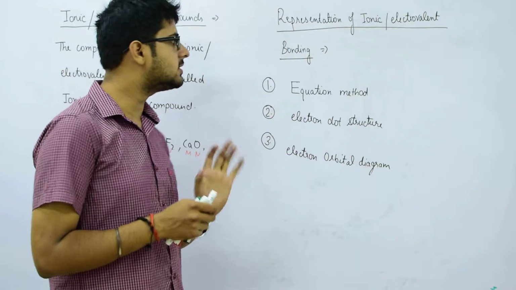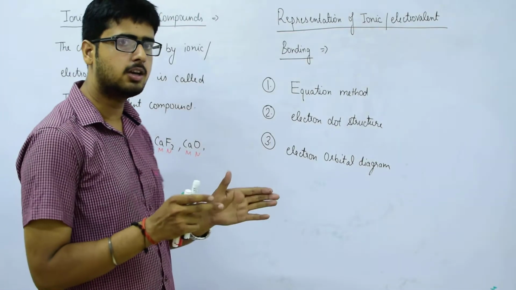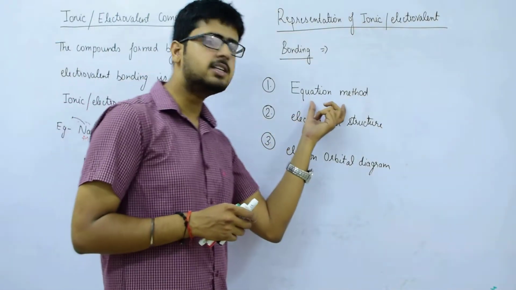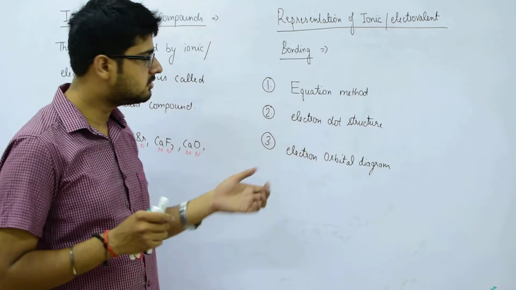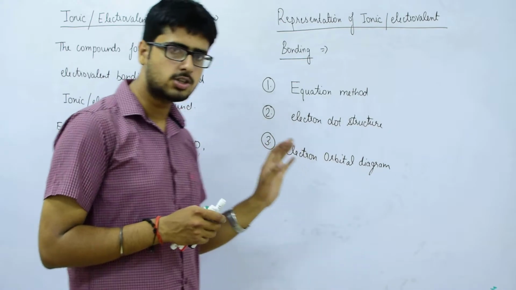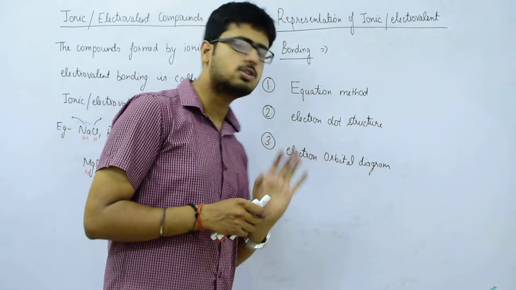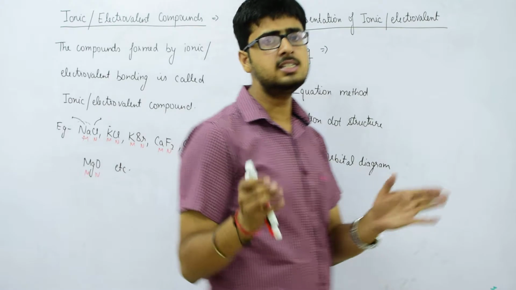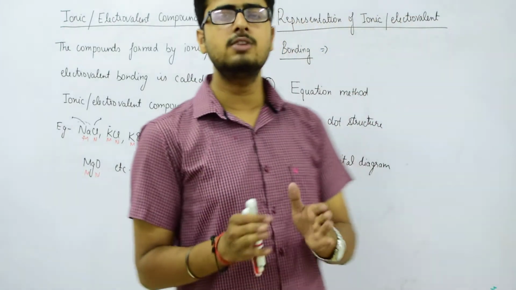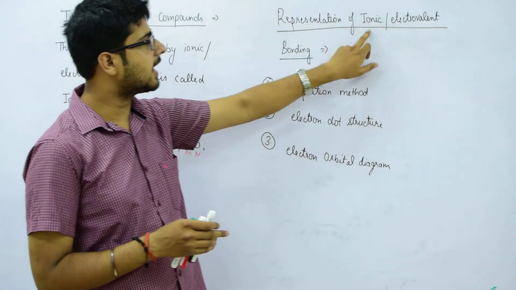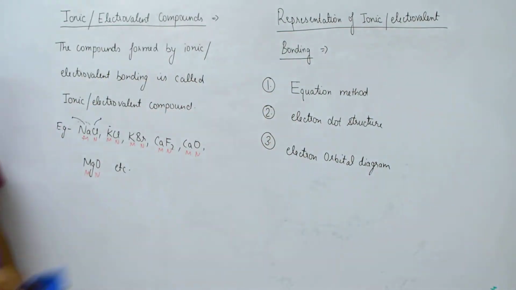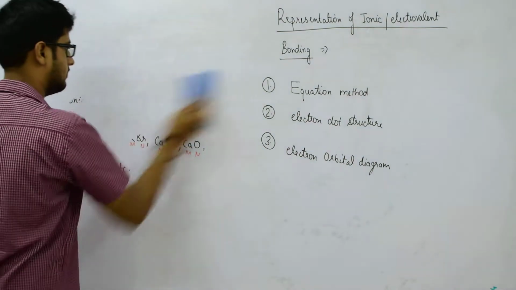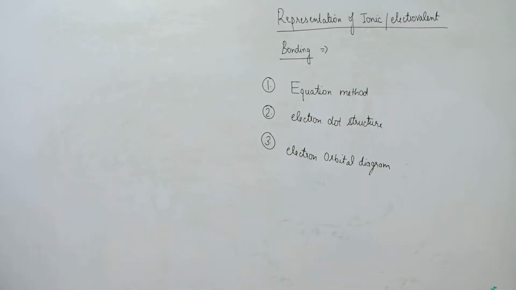Three types of representations are given: first, the equation method, which we write in the form of equations like we have in maths; second, the electron dot structure; and third, the electron orbital diagram. We will discuss all three one by one.